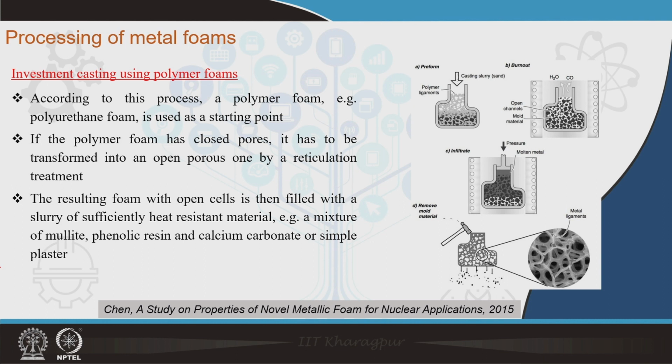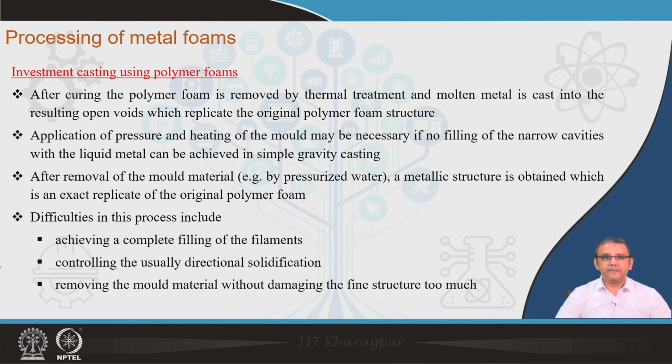So, this is a very common process for fabricating open cell metal foams, and these foams have a very high amount of porosity, predominantly open porosity, and this is commonly used, as we know, for many functional applications, especially for sound absorption or also for heat transfer applications.